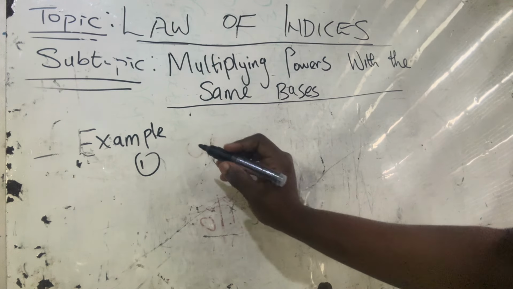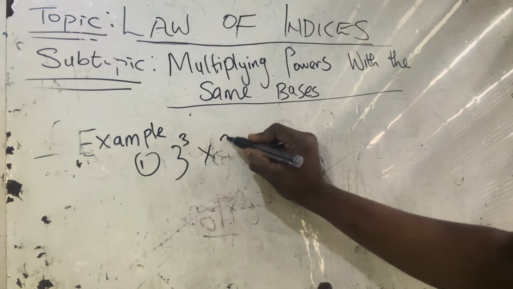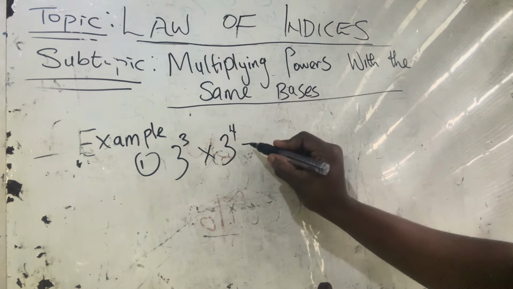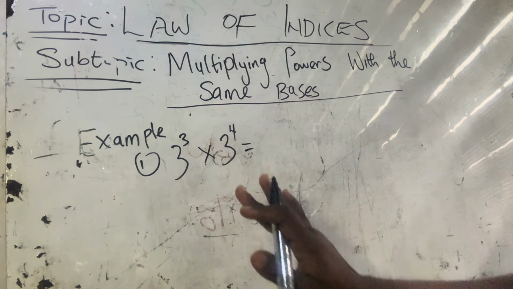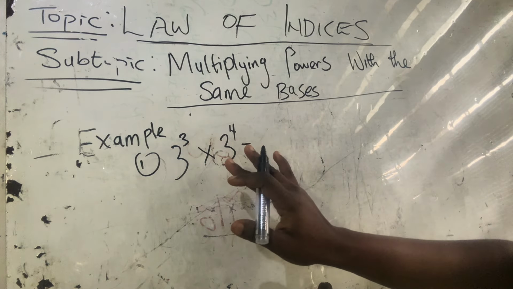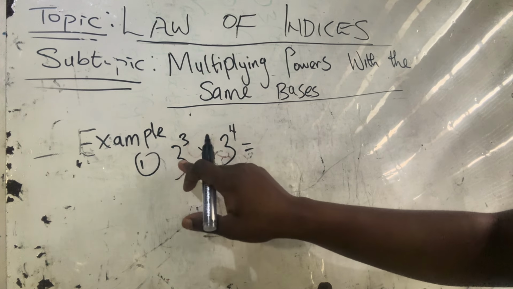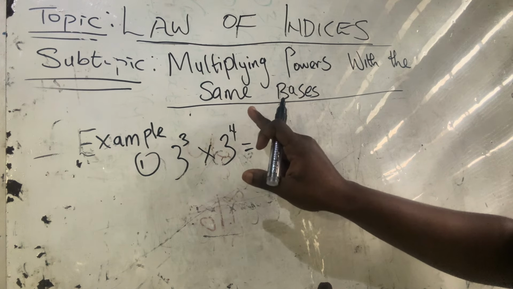The first question says 3 raised to power 3 multiplied by 3 raised to power 4 using the expanded method. If I'm solving this using the expanded method, this is the base. The base here is raised to power 3, the base here is raised to power 4.